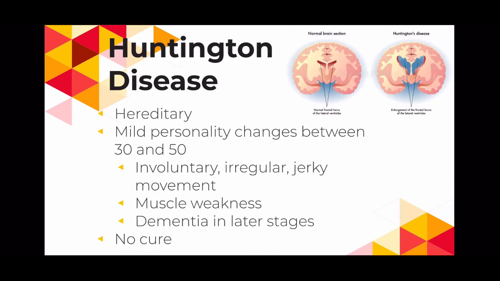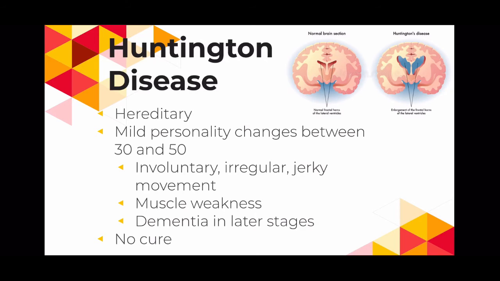The gene on your 4th chromosome is used to create a protein called Huntington protein. If you have too many of those CAG repeats, it results in a toxic form of this protein being produced in your cells. The toxic form of the protein is going to go on to damage the normal neuron function in your brain. So it's going to cause early death of neurons.